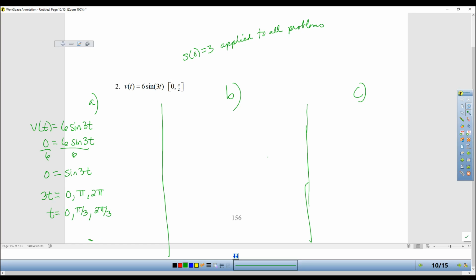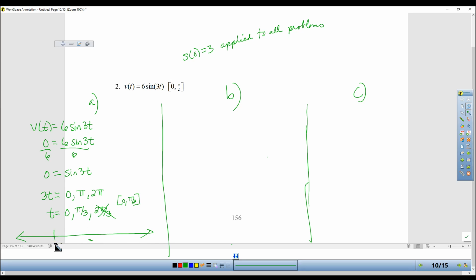Okay, so this was also a common mistake in pre-calc, was to look at the interval first and decide the answers before dividing by 3. You have to divide by 3 and now look at the interval. So on the interval 0 to pi halves, the 2 pi thirds is out of our interval, but the pi thirds is there.